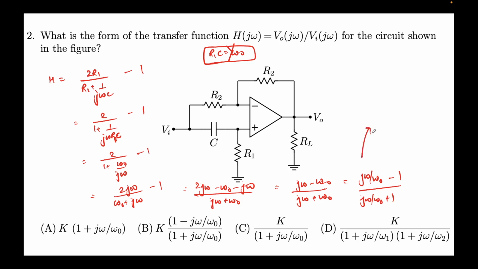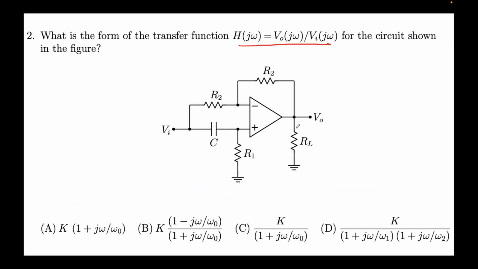Finally, if I take minus 1 common from the top, it will be minus 1 times 1 minus j omega by omega naught divided by 1 plus j omega by omega naught, correct? So we can see it's matching 1 minus k form, that is option B. You can see minus at top, plus at bottom, so that is option B, that's matching. The k value is minus 1 here. The question could also ask us the value of k, so we find that out.